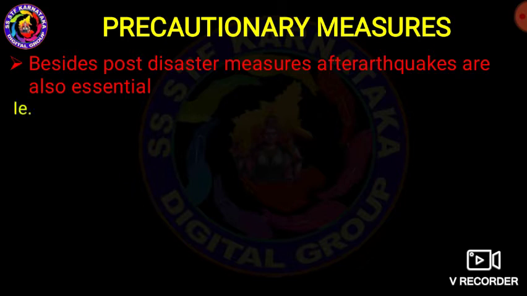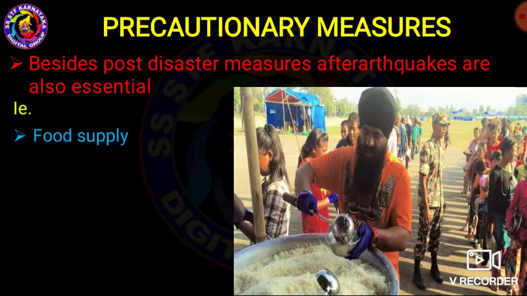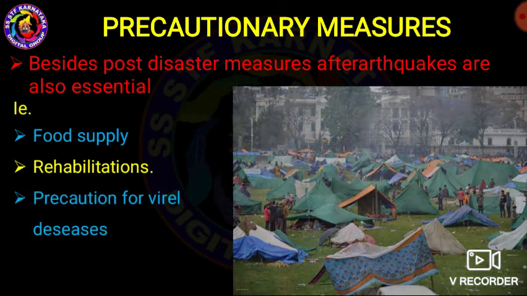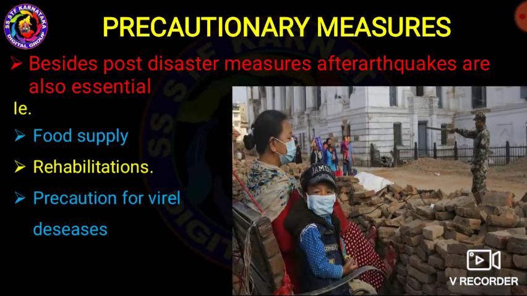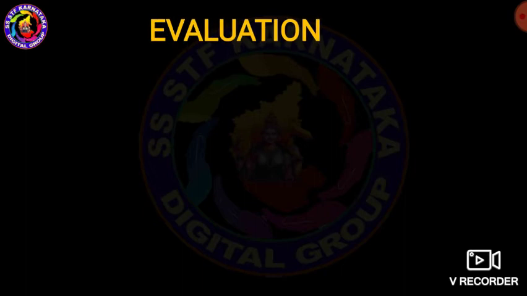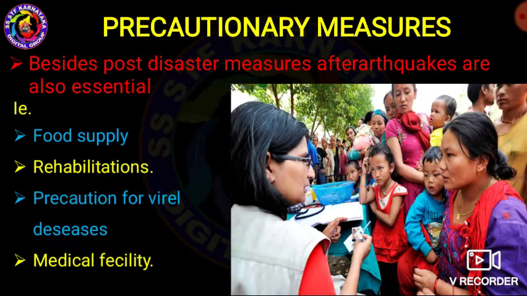Then besides precautions, post disaster measures are also essential: food supply, rehabilitation, precaution for viral diseases, medical facilities, etc. These are the measures after earthquakes.